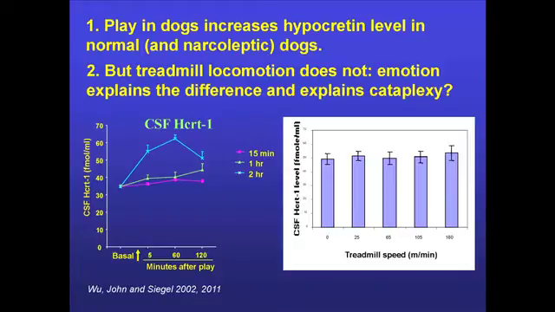But they did do it, and they did it very vigorously, and they would run for an hour, with breaks thrown in, and their body temperature would go up just as it did in the yard. Their blood pressure would go up just as it did in the yard. Their respiration rate would go up just as it did in the yard. And this is what we saw with the hypocretin level. Absolutely nothing.